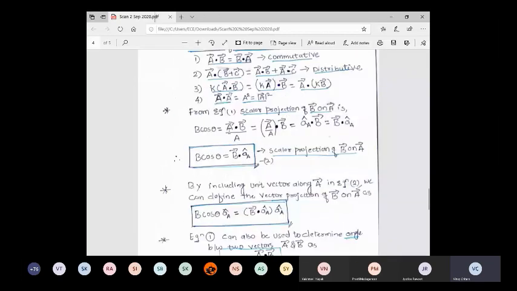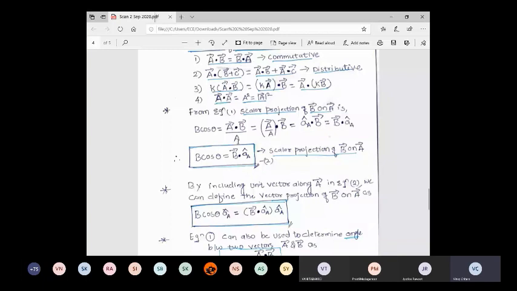Now what is this A? The magnitude of vector A. Is it a scalar or a vector? Scalar. I can think of this as 1 by A also, right?